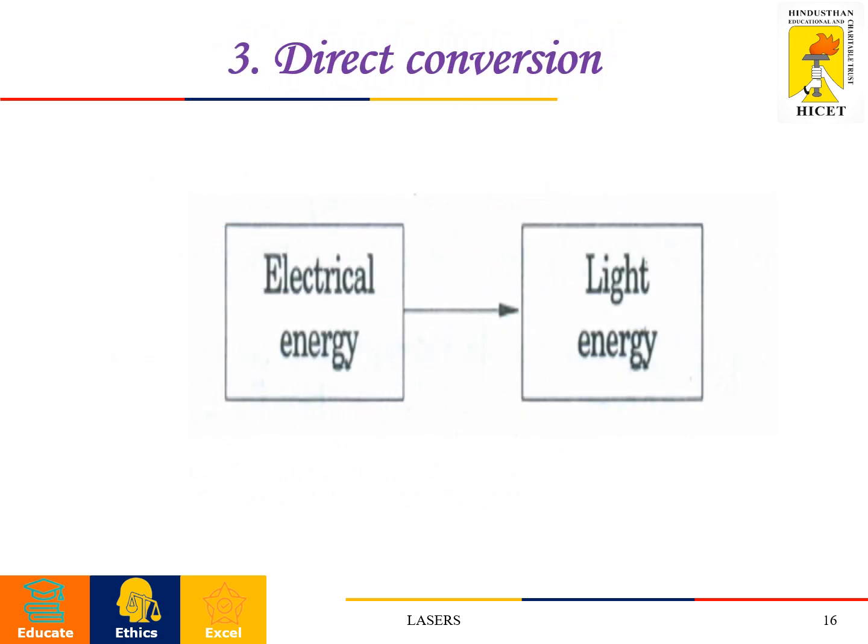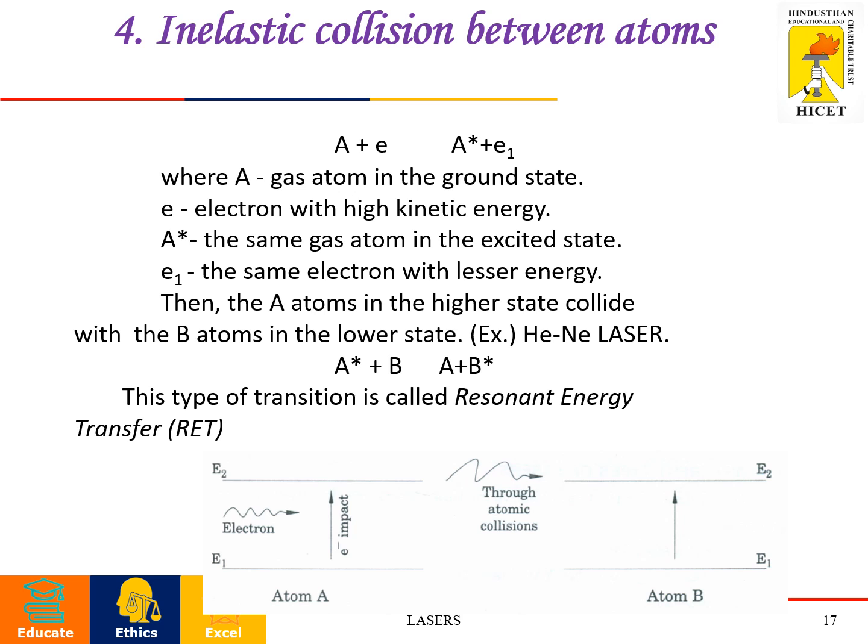Number 3, direct conversion, where electrical energy is directly converted to light energy. Number 4, inelastic collision between atoms, where an electron collides with an atom A and raises the atom A to the excited state, and it loses energy and falls down to the ground state.